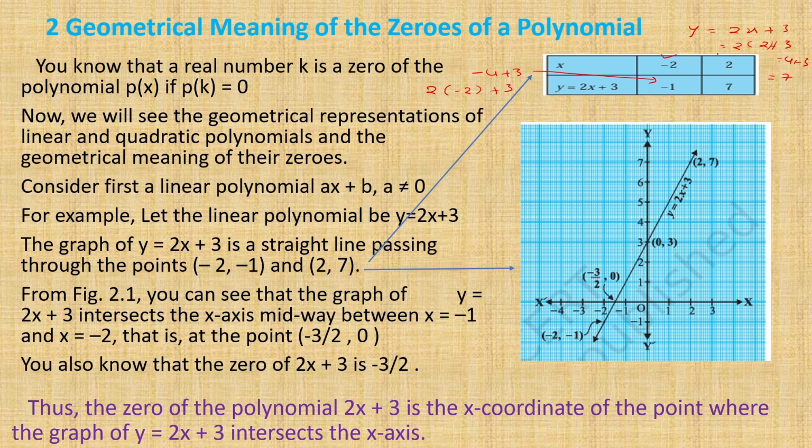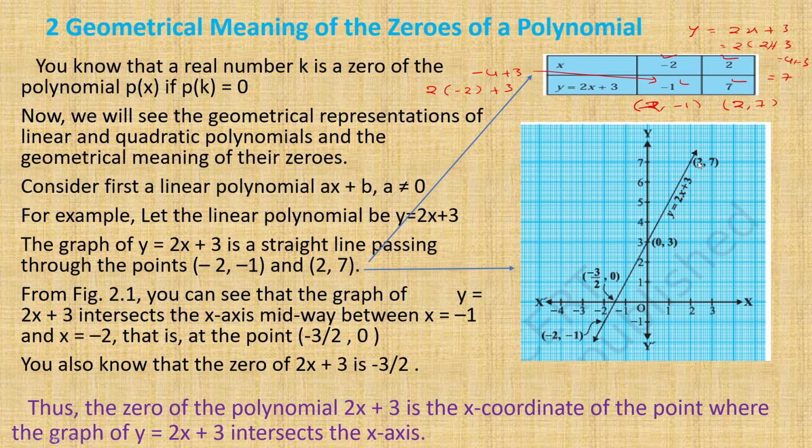So for different values of x, we got different y values. So one point is minus 2 comma minus 1, and another point is 2 comma 7. So the graph of y is equal to 2x plus 3 is a straight line passing through the points minus 2 comma minus 1 and 2 comma 7.